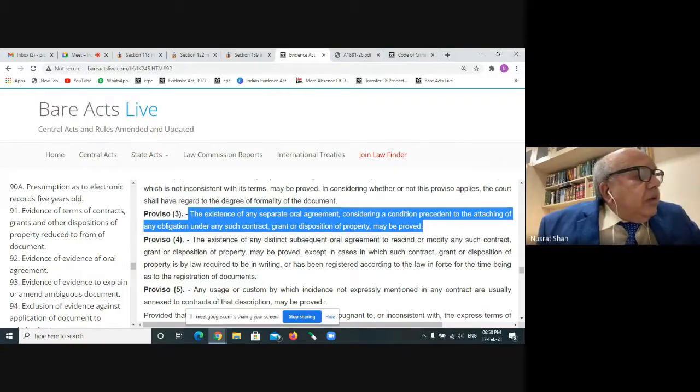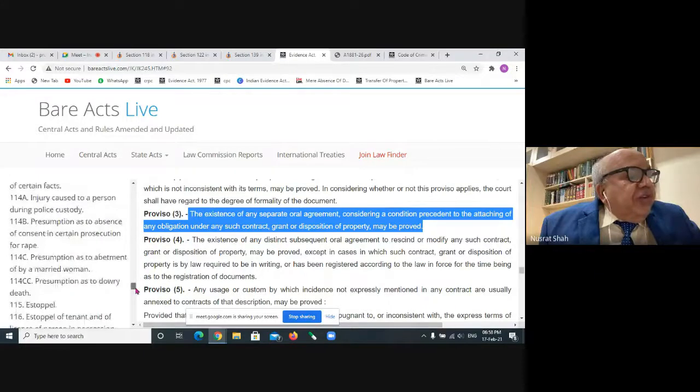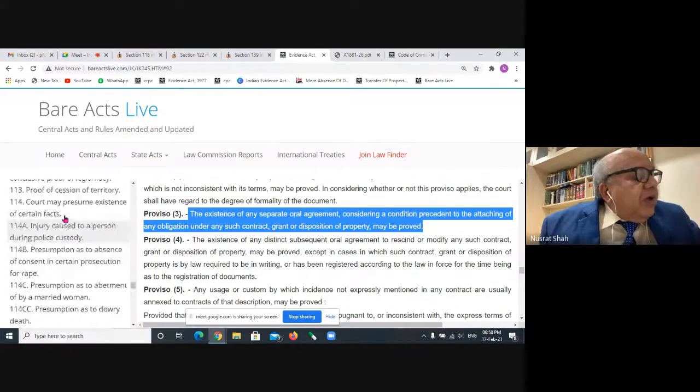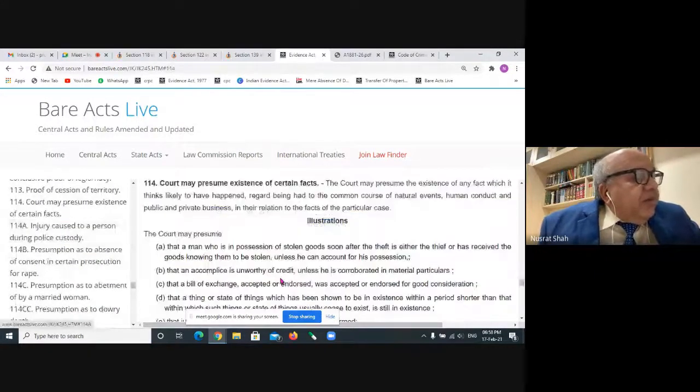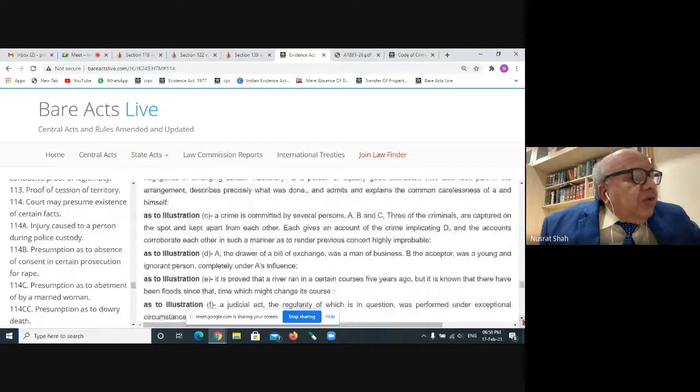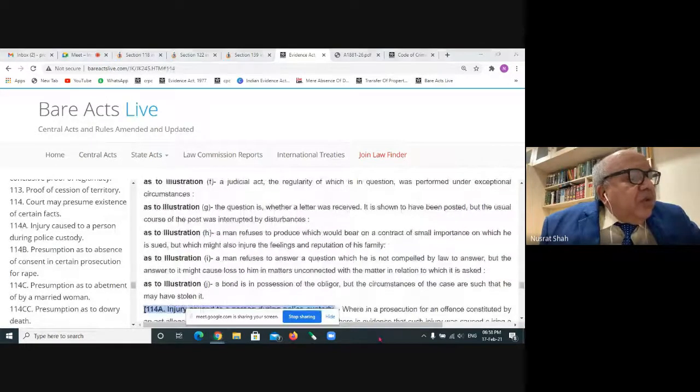Then as to illustration H, a man refuses to answer a question which he is not compelled by law to answer, but he answers it might cause loss to him in a matter unconnected with the matter in relation to which it is asked. So this relates to that.